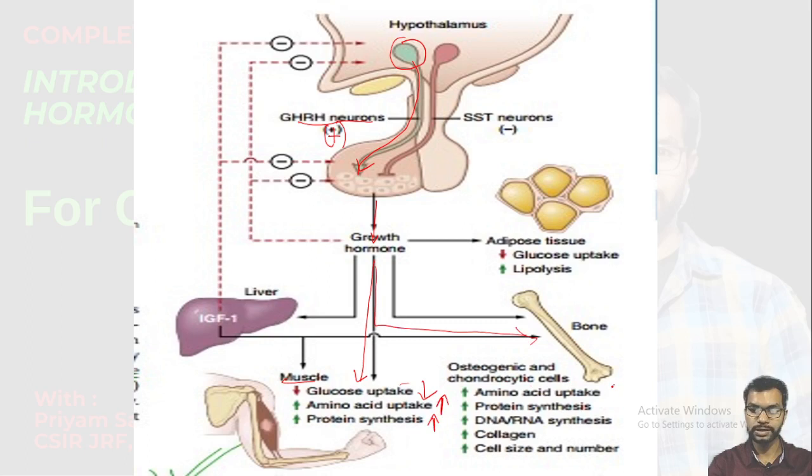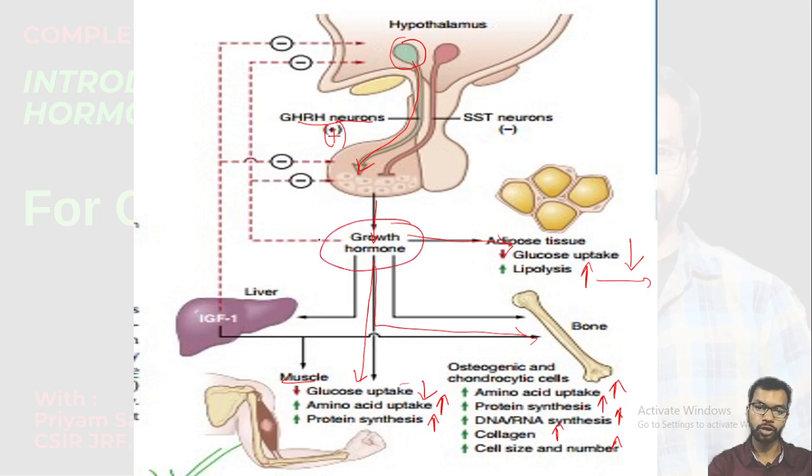In bone it increases the amino acid uptake, protein synthesis, DNA, RNA synthesis, collagen synthesis, and also cell size and number are increased. Growth hormone also goes to adipose tissue. In adipose tissue, it decreases the glucose uptake and increases lipolysis. Lipolysis means breakdown of lipid.